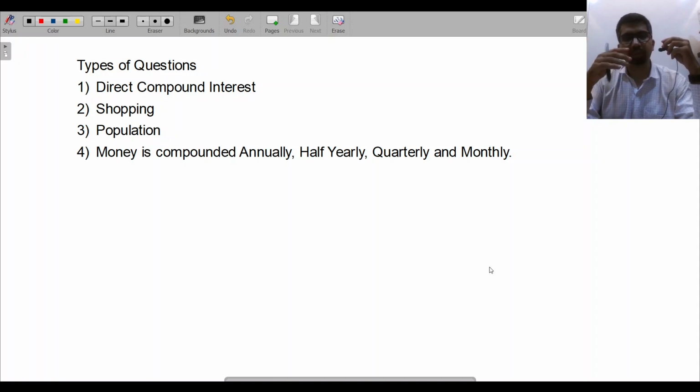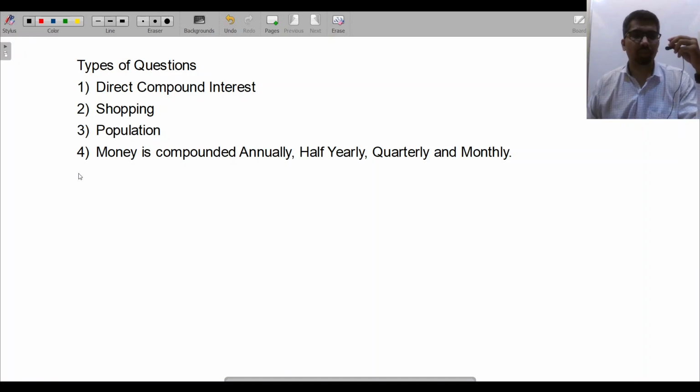Then it can be of population, means the population of a place is increasing by so much rate, or the population of rats is increasing by so much rate, and the population after 10 years, 20 years and so on. And the last one, this is an important sum because this comes in questions, mostly in exams. If money is compounded annually, half yearly, quarterly, monthly and so on, what will be the compound interest in these cases? So the last one is the most important.